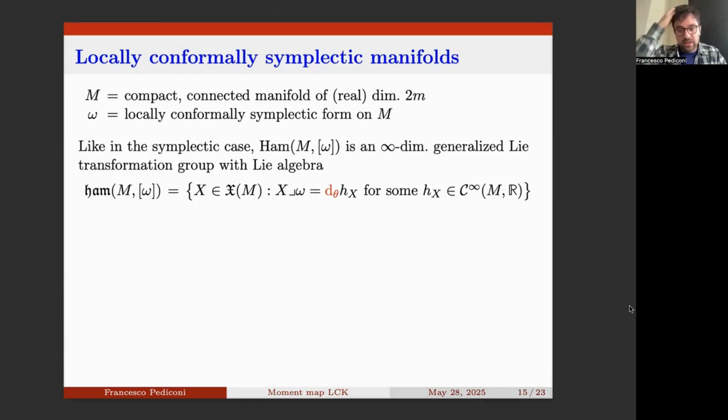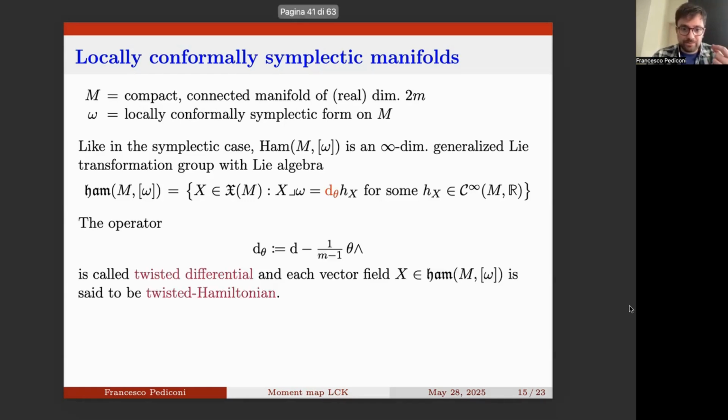It follows that the infinitesimal transformations are precisely those vector fields that have a potential H, like in the symplectic case, but this time the potential is not with respect to the exterior differential operator d, but with respect to the twisted operator d_θ. Here d_θ is the twisted differential that you obtain by taking d minus 1 over (n minus 1) θ wedge.